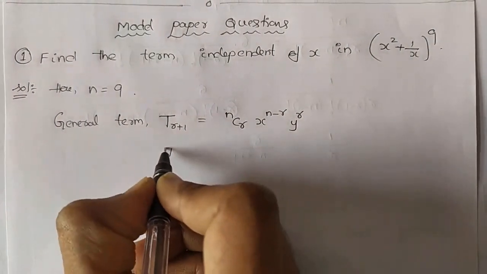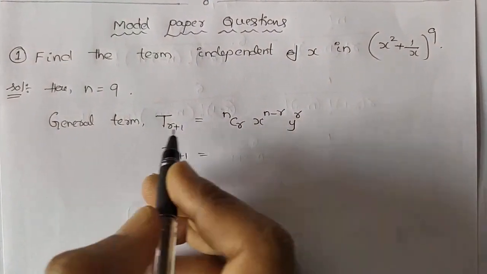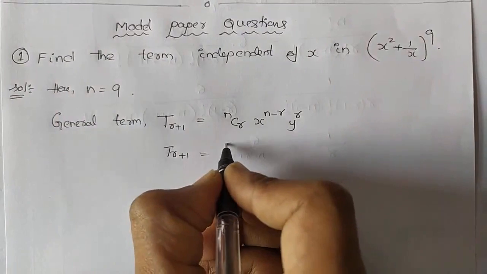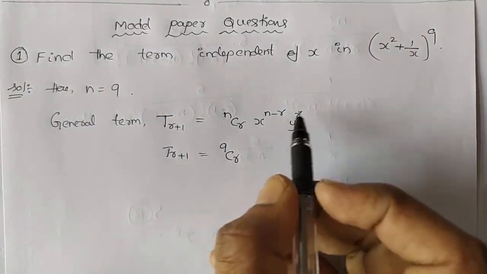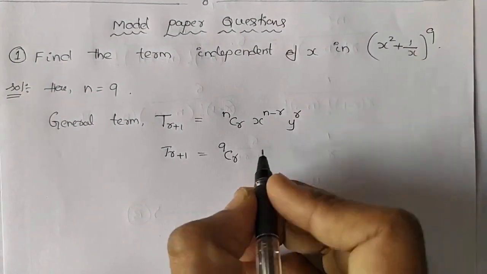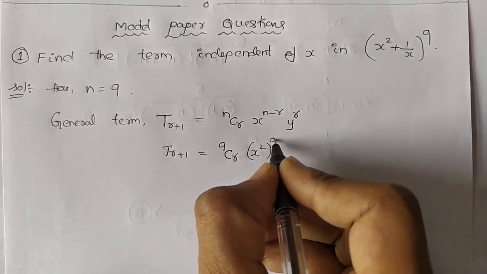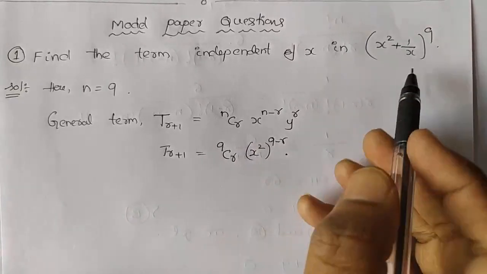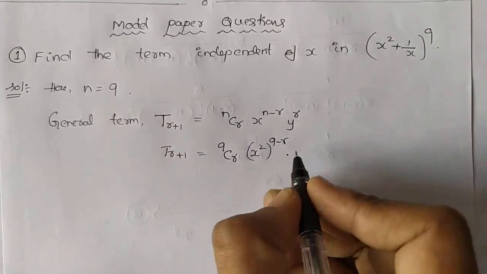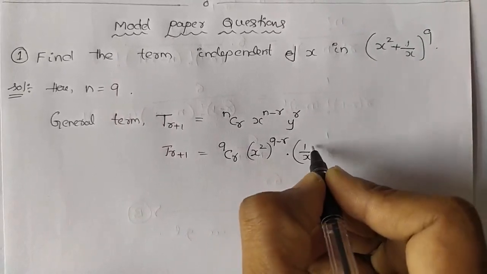Now T r plus 1 equals nCr. In place of n we have 9Cr. In place of x we will have x square. So x square whole power n minus r, that is 9 minus r, into y power r. In place of y we will have 1 by x whole power r.